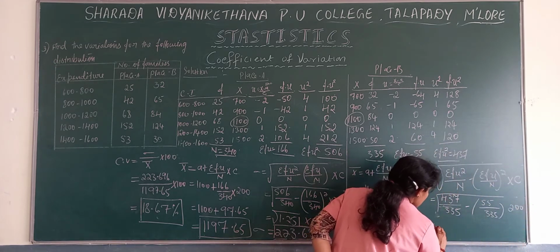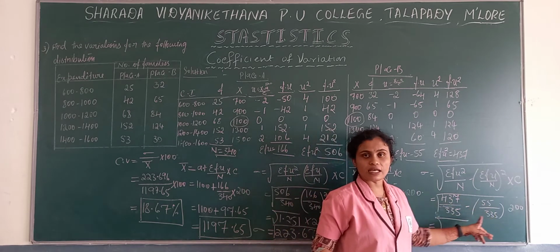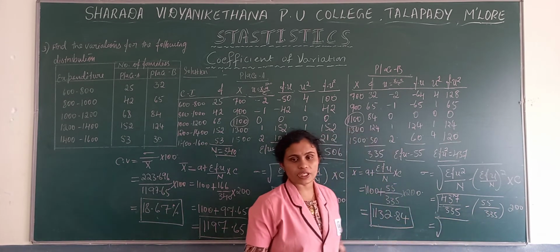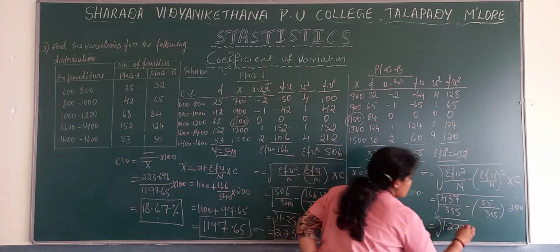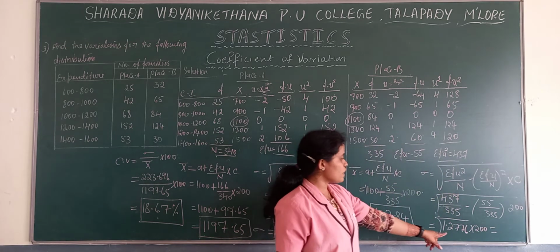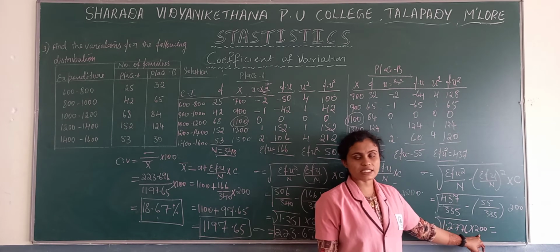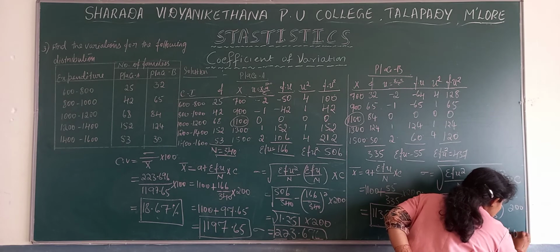So here take the divide and then take the differences or deduct the values. When we do so, we get 1.2776. Now what you need to do? You have to take the root, then you multiply with 200 and here we get standard deviation as 226.062.